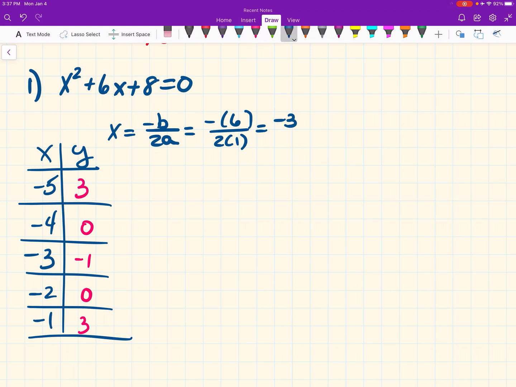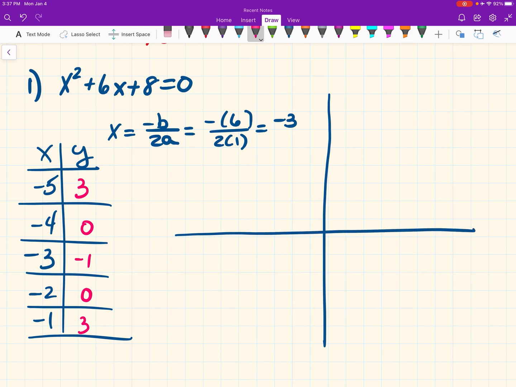I'm going to graph it and then answer my questions. So negative 3, negative 1; negative 2, 0; negative 4, 0; negative 1, 3; and negative 5, 3. Don't just give me dots. Connect the dots, please. There's my parabola.